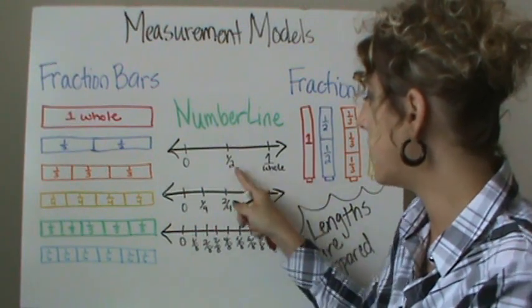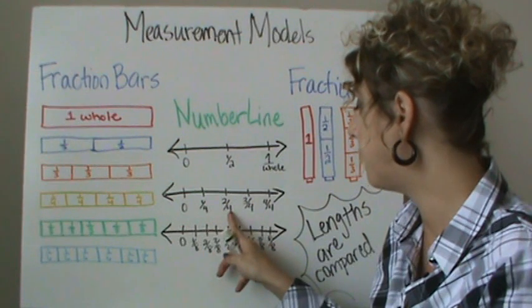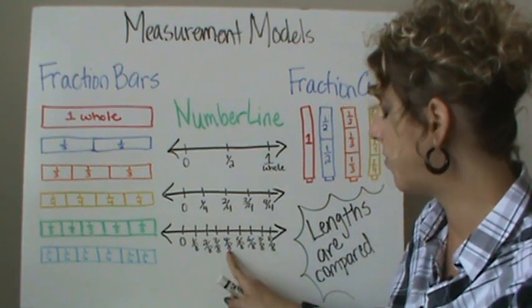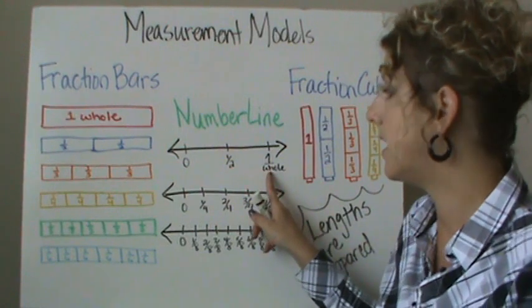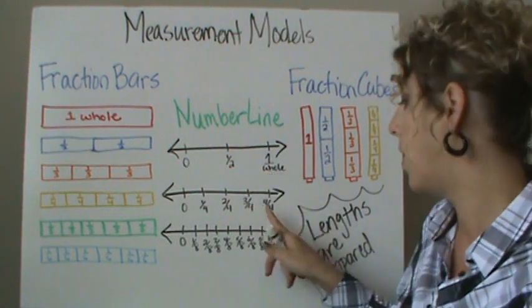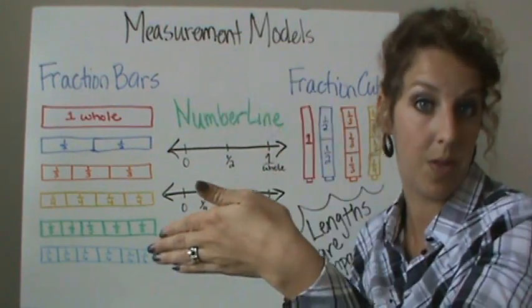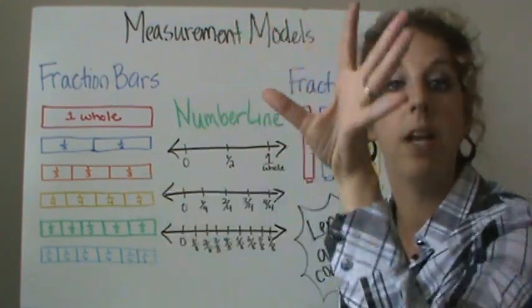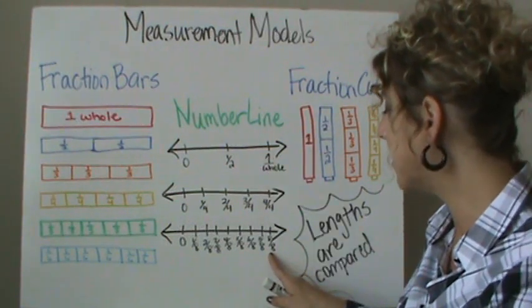You can look at those benchmarks to help you. So 1/2 would be equal to 2/4, which is also equal to 4/8. 1 whole is equal to 4/4. The number on top is the same as the number on the bottom, so it means it's 1 whole. 1 whole is also equal to 8/8.